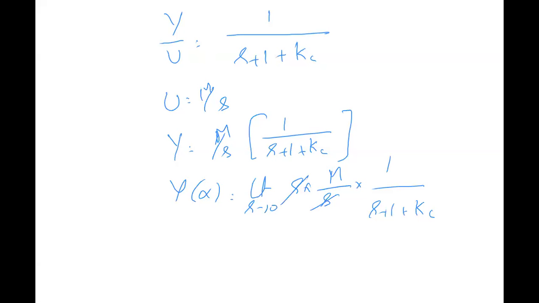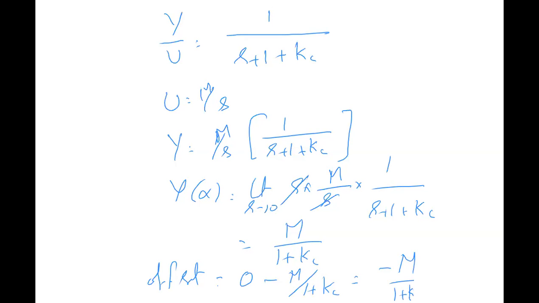The s will cancel, s equal to 0, so M by 1 plus Kc. So what is the offset? For load changes, your expectation is 0, so the offset is 0 minus M by 1 plus Kc, that is, minus M by 1 plus Kc. This is for load changes.